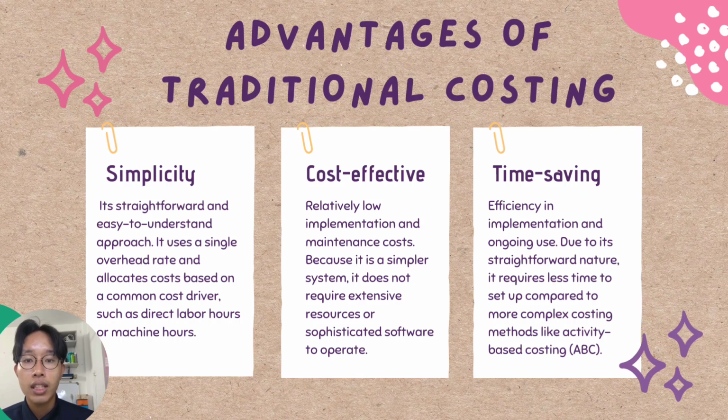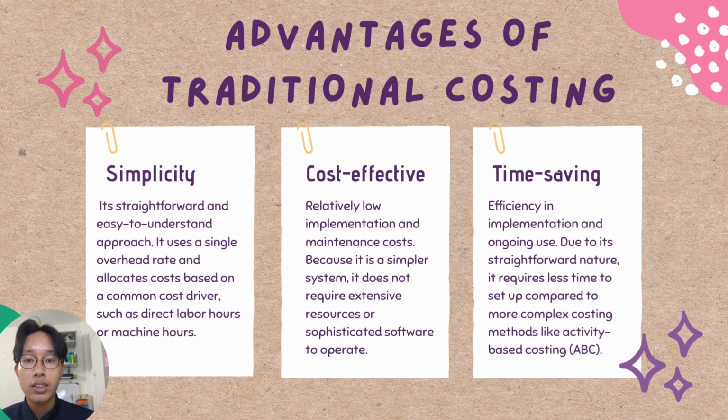Next, time saving. In traditional costing, this refers to its efficiency in implementation and ongoing use. Due to its straightforward nature, it requires less time to set up compared to more complex costing methods like activity-based costing (ABC).